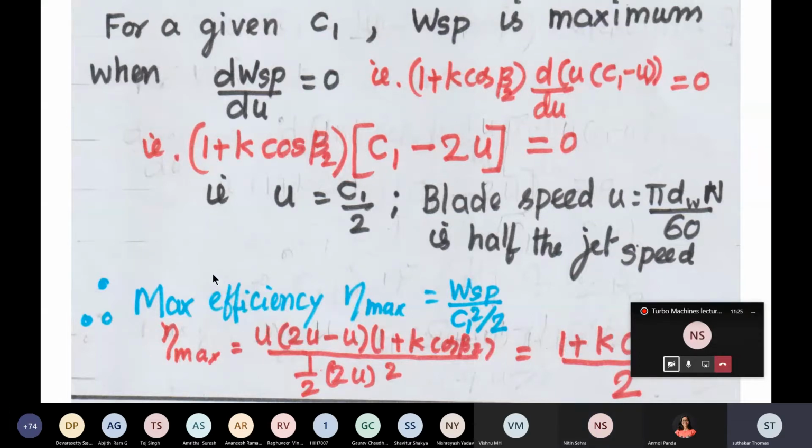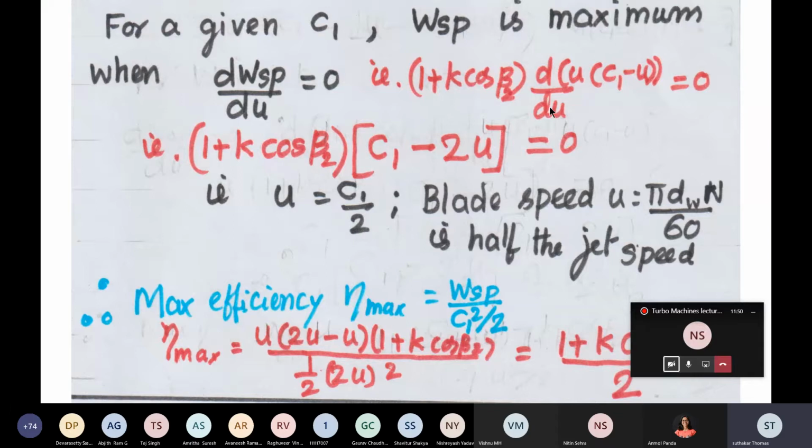Okay, so the question I asked is, we are tackling a problem, finding out the relationship between C1 and U which should give the best efficiency. You will find that when U is equal to C1 by 2, the efficiency is best. But why should it be like that?